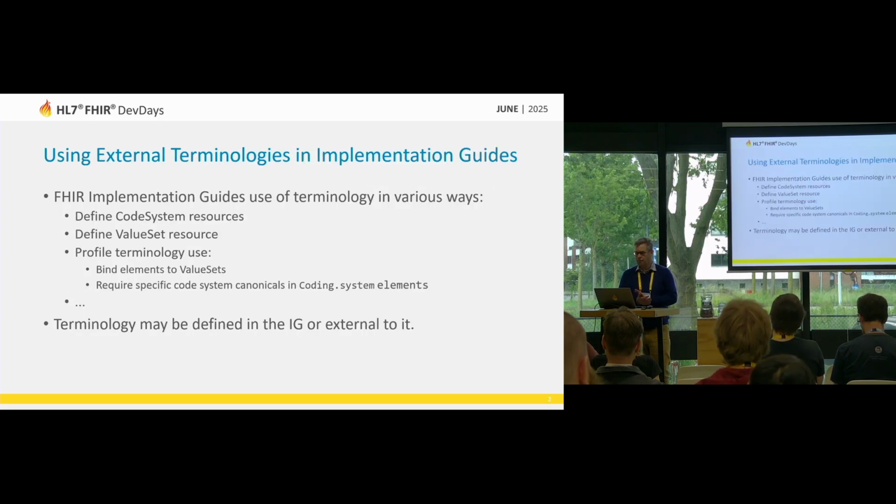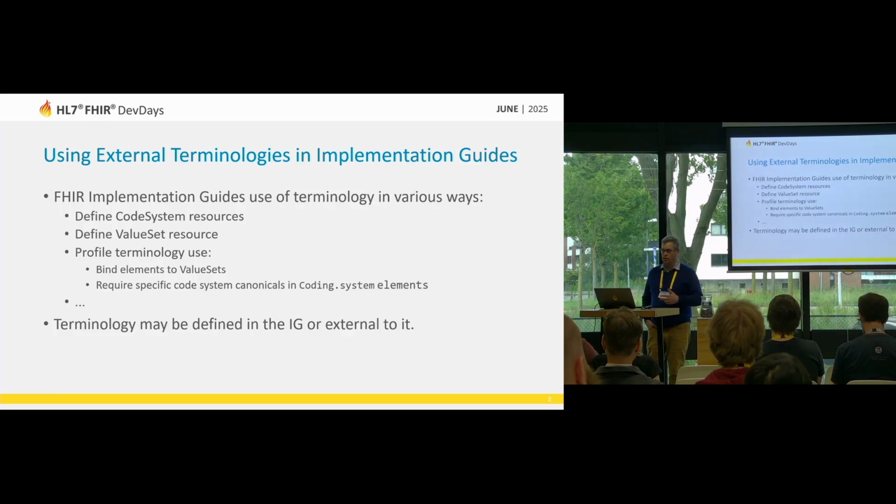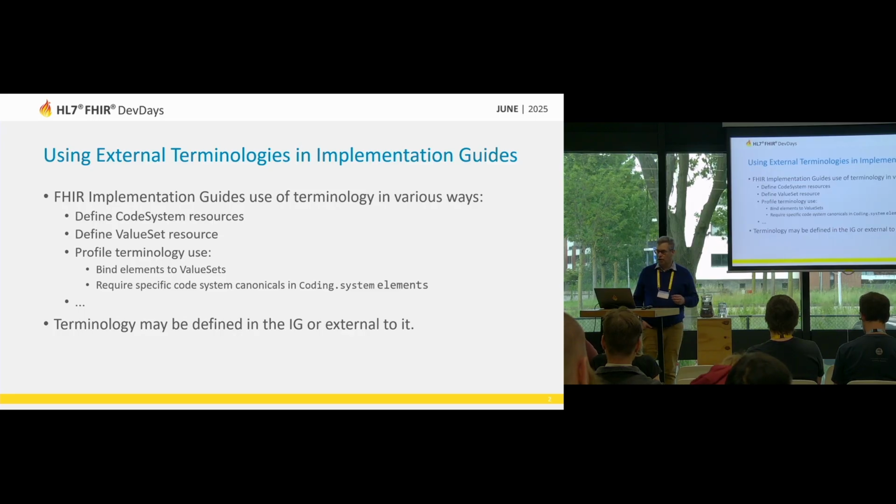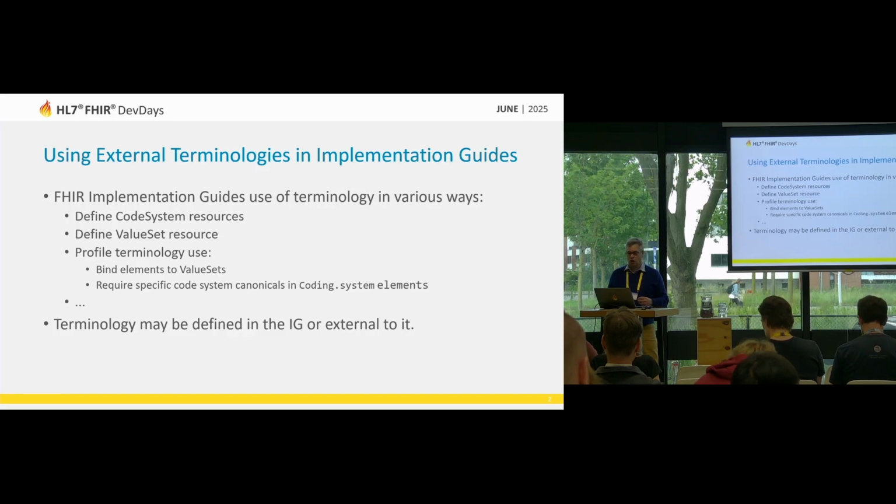Okay. So, FHIR implementation guides can use terminology in various ways, including binding data elements to, say, required value sets in a resource profile, pinning system elements to specific code system canonical URLs, using coded values in examples, and more. The terminology can either be defined in your implementation guide as code systems or value sets, or defined external to it.